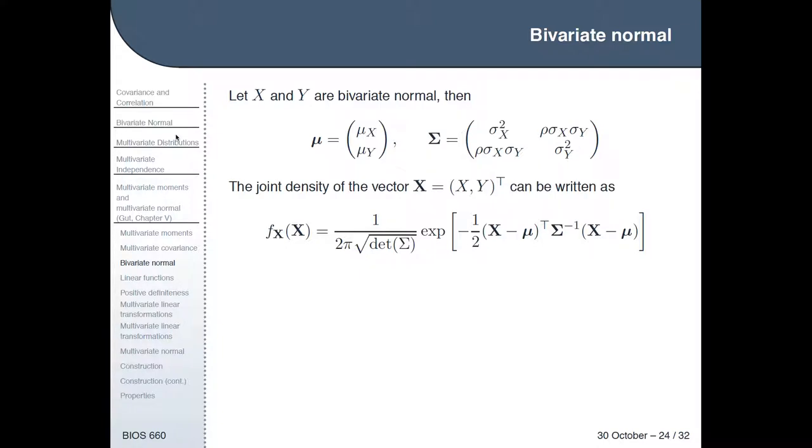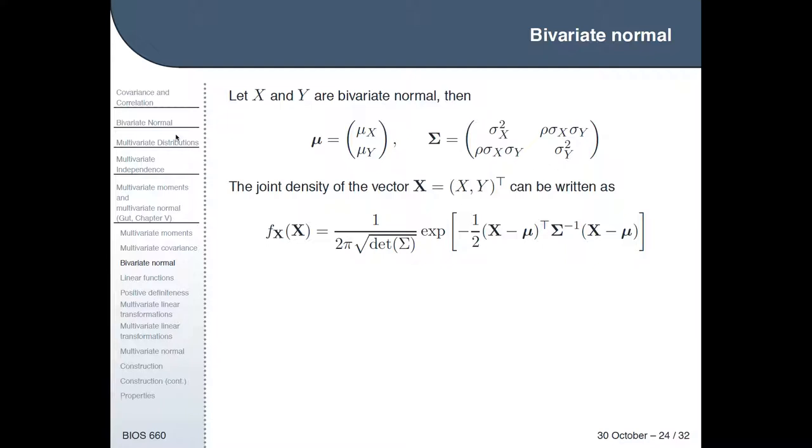And so you can write the joint density of the vector x as 1 over 2 pi times the determinant of the variance covariance matrix to the 1/2 times e to the minus 1/2 (x minus mu) transpose times sigma inverse times (x minus mu). And if you remember a formula for the distribution of the multivariate normal, that's the one that you will want to remember, as you'll see here in a slide or two.